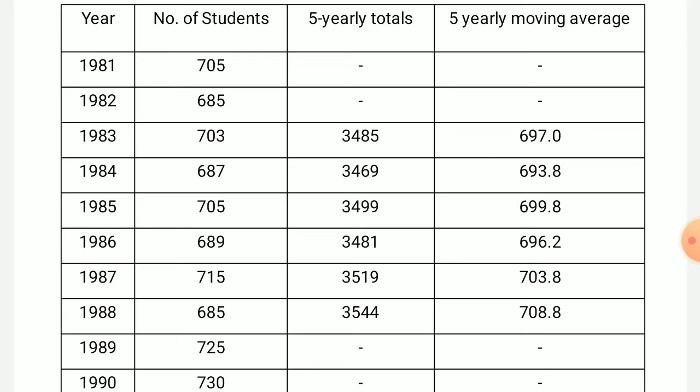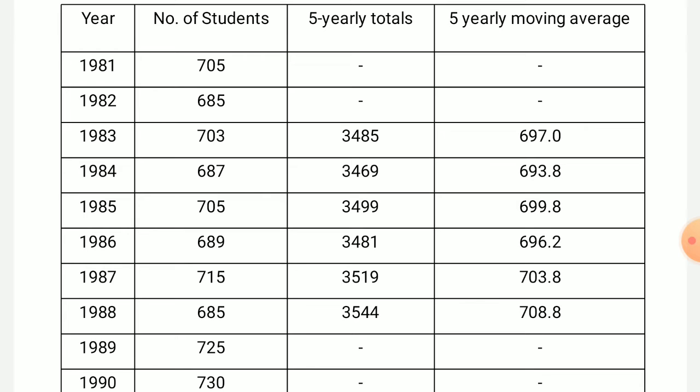The total of the first 5 years should be placed in the third year column.